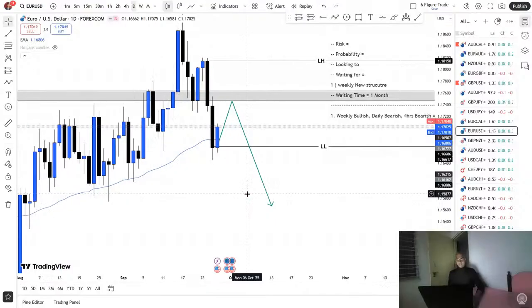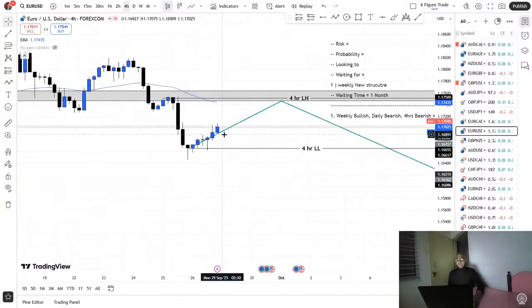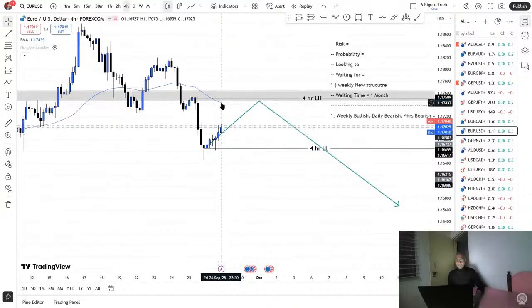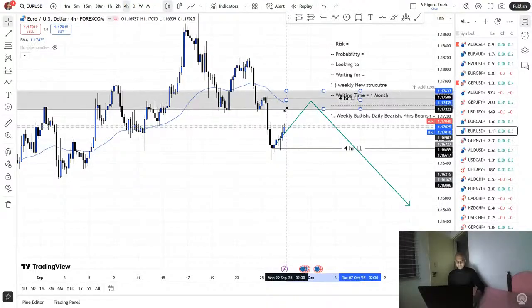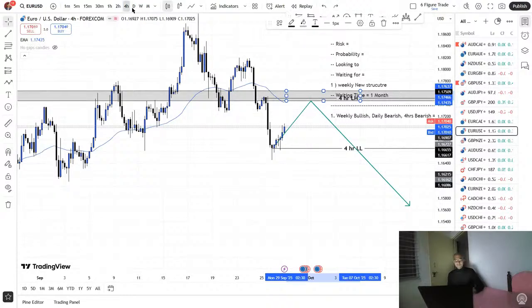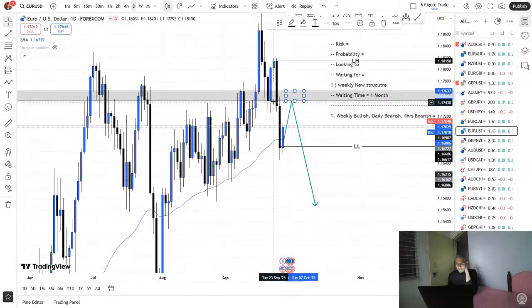Okay, I will be waiting for this on the 4 hours. The 4 hours will be retracing to this EMA. I can also do this, but no. The more respected on a daily, the less respected on the lower timeframe.